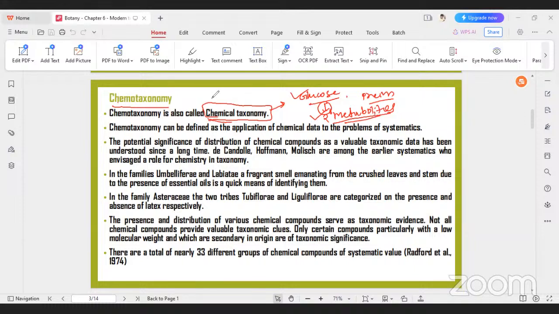So let's see some of the chemicals here, some of the potential significance and distribution of these chemicals. Chemical compounds, already told you what the chemical compounds are. These are utilized as taxonomic data. These chemical compounds are available for taxonomic data.